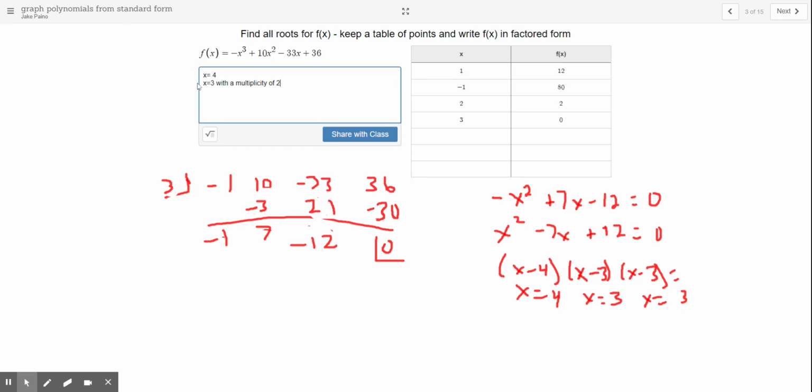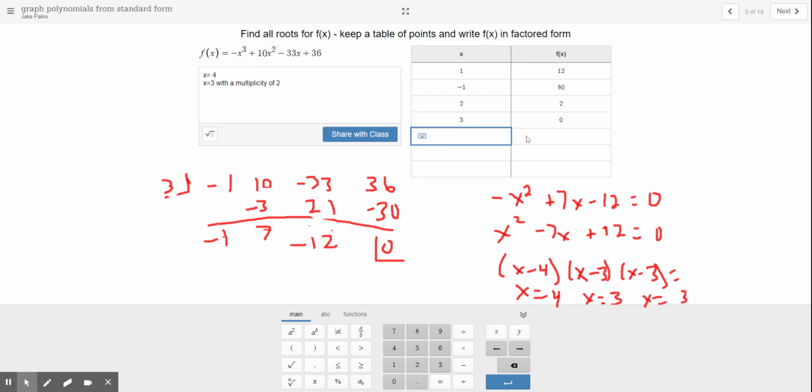All right, so I got x equals 4, x equals 3 twice. So I add to my table here 4, 0. So I got all these points right here. All right, and so this will help me graph because I know some of these points. And remember, the multiplicity means it's going to bounce off of 3.